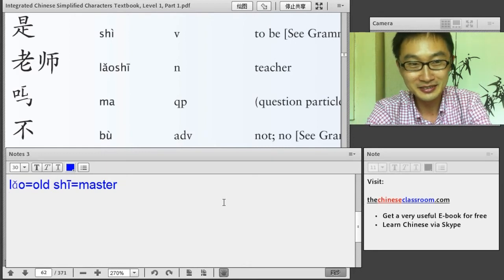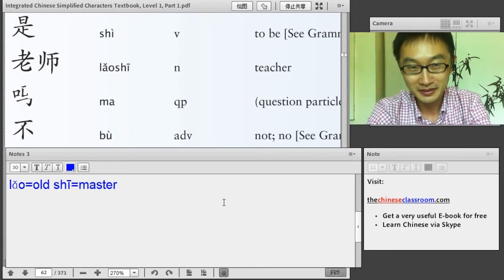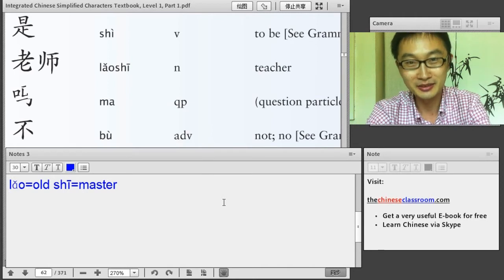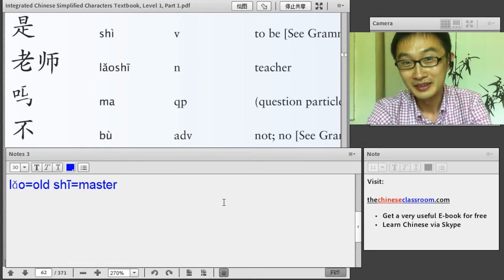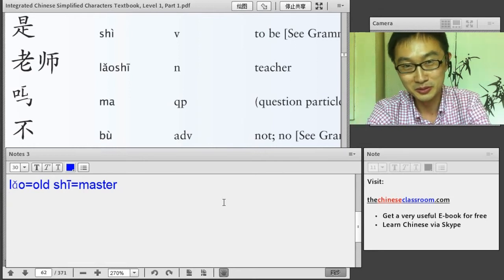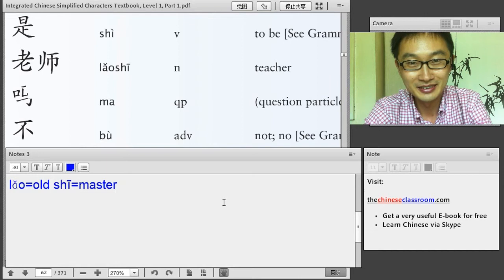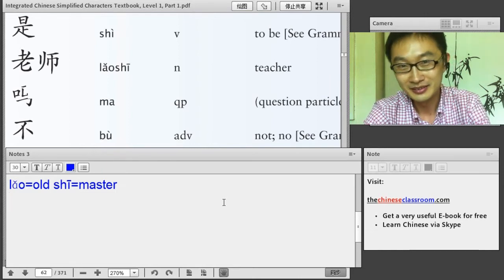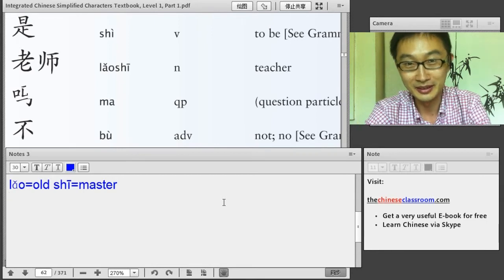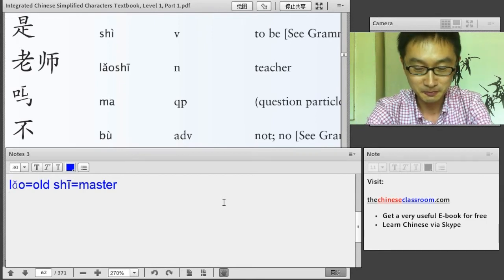You may notice that I'd like to explain each character, the meaning of each character to you. That's a little different than other teachers, because you will find that's actually useful. If you know each character's meaning, then it helps you to remember the word's meaning, and also you will understand the Chinese language a little deeper. It's like in English, the root, prefix, suffix, or the like morphemes, like subway.